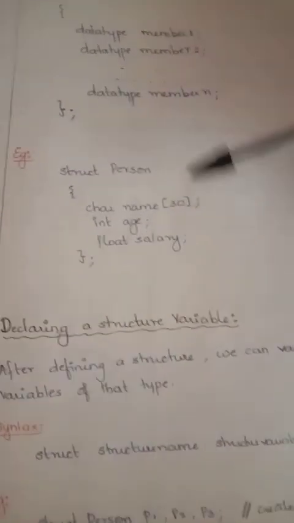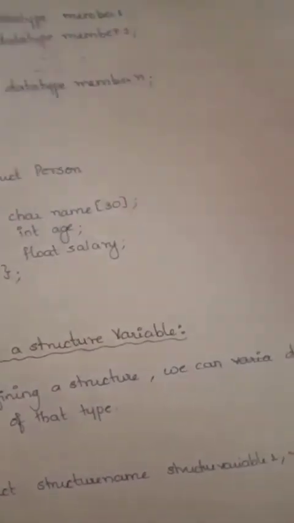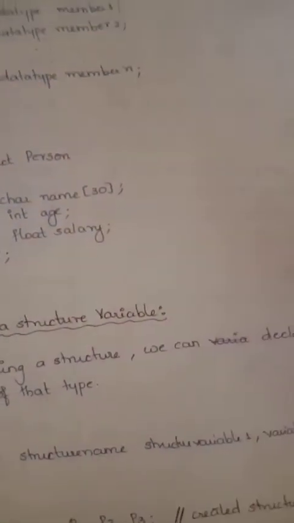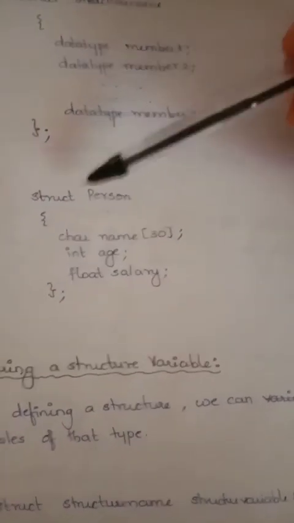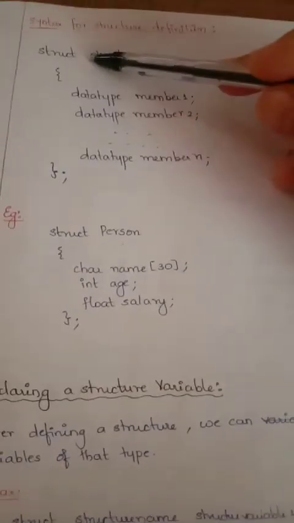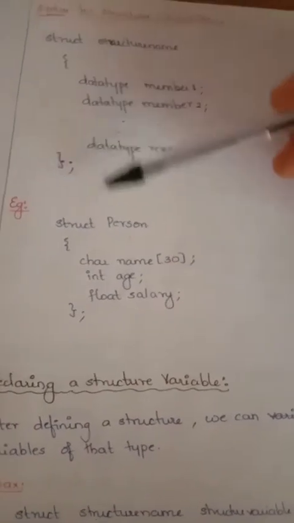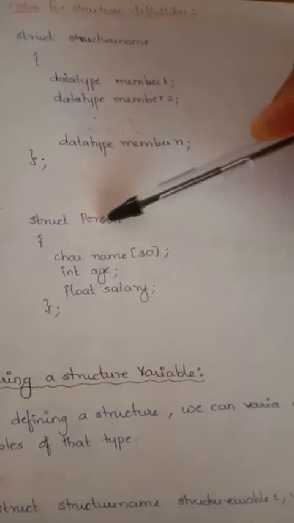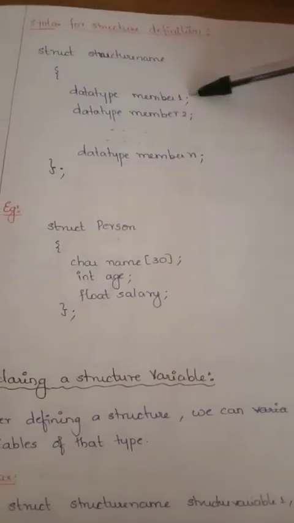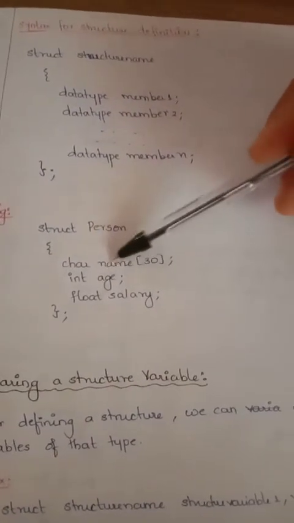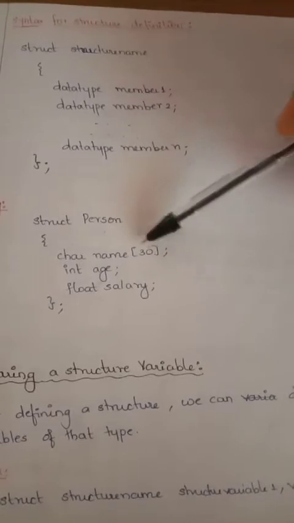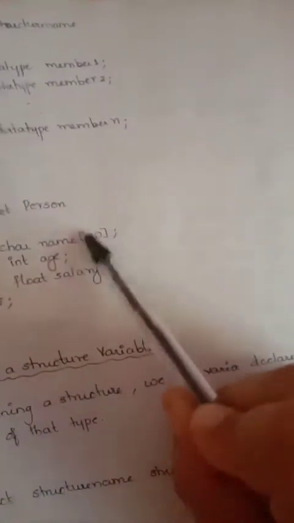Let's see how an example looks. I am going to create a structure and the structure name is person. How will I define the structure? Struct, the structure name person, open your curly braces. The first member has data type char, and the member name is name. Since name is a string, it is an array of characters, so name of 30.